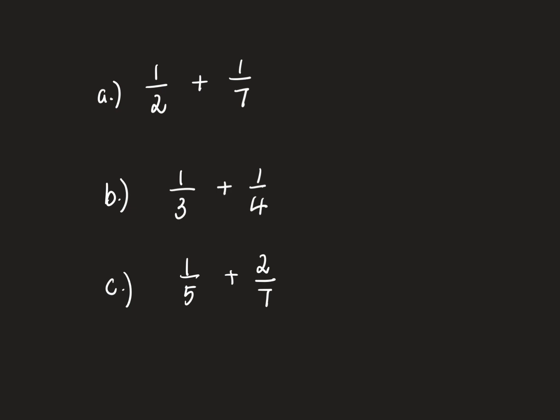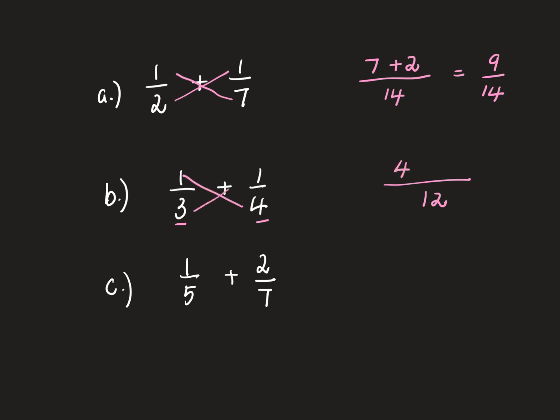Okay, let's look at this first one. Our new denominator is going to be 7 times 2 is 14. We say that times that plus that times that. 1 times 7 is 7, 1 times 2 is 2. Add them up. 7 and 2 is 9 over 14. Next one here, our denominator is 3 times 4, which is 12. And we've got 4 times 1 is 4, plus 3 times 1 is 3.